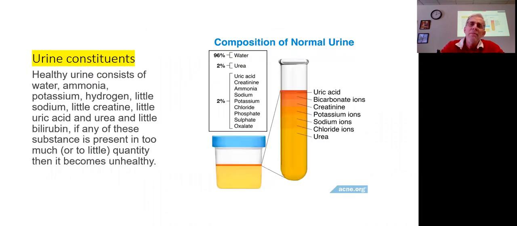So if you look at the composition of your urine, there are so many things that make it up, what you excrete each day. What are some of the products when you think about it? There are elements, ions like potassium, sodium, chloride.